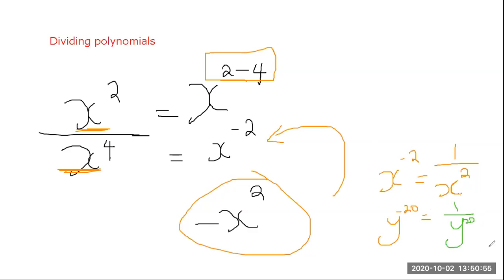If I'm going to do another example, let's turn it around on you. Let's see how you do this one. 1 over x to the negative 4. What would that answer be? How do I make this positive?